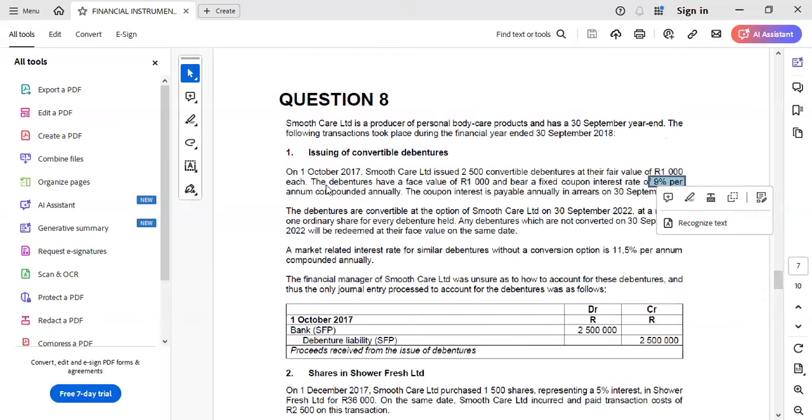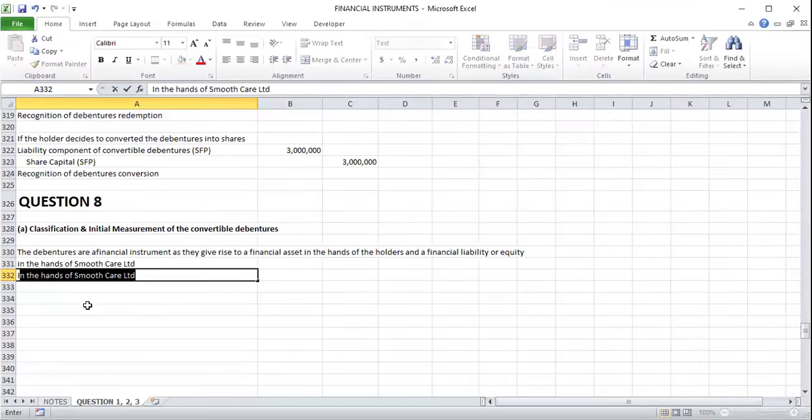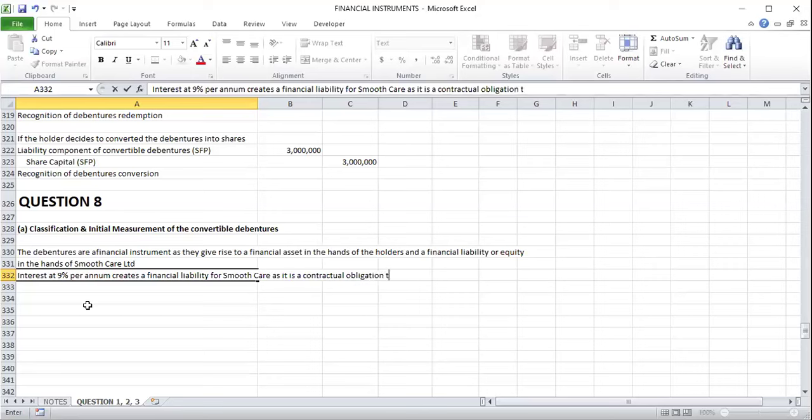So we can say interest at 9% per annum creates a financial liability for Smoothcare, as it is a contractual obligation to deliver cash.